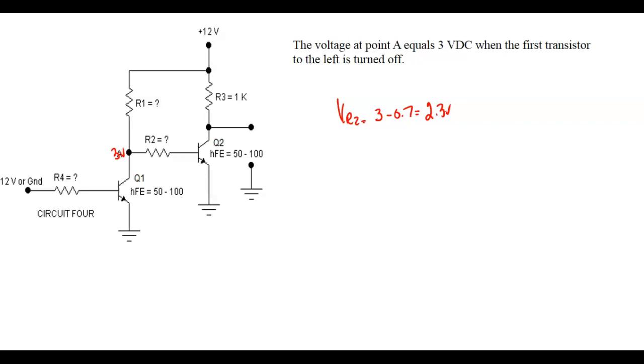The saturated IC is going to be equal to 12 volts divided by 1K, which equals 12 milliamps. Remember right now, this guy right here is off.